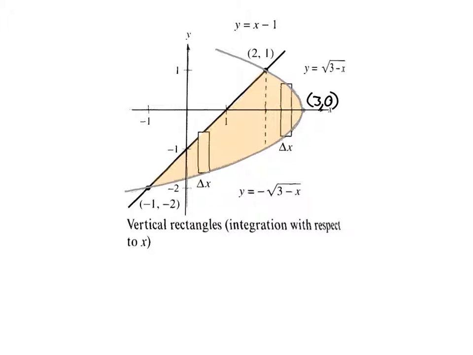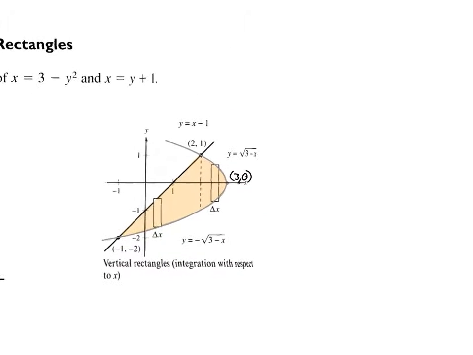But notice what we would end up having to do. There would actually be several things that we would have to do. First of all, we would have to get that x equals 3 minus y squared, we would have to represent as y equals.